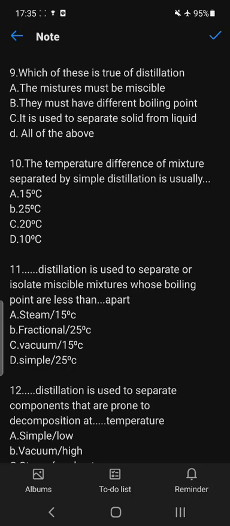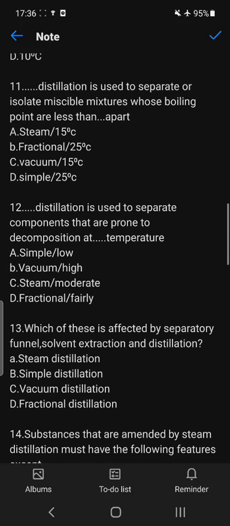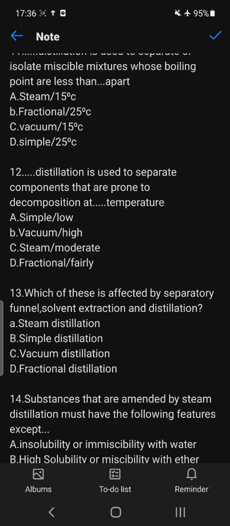Take note of that. If it does not come like this, it comes as: which of these is used to separate miscible mixtures or liquids having close boiling points? It is fractional distillation.